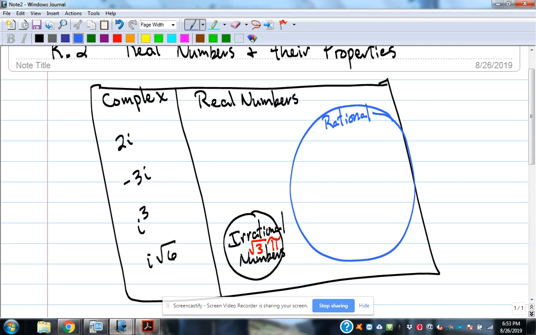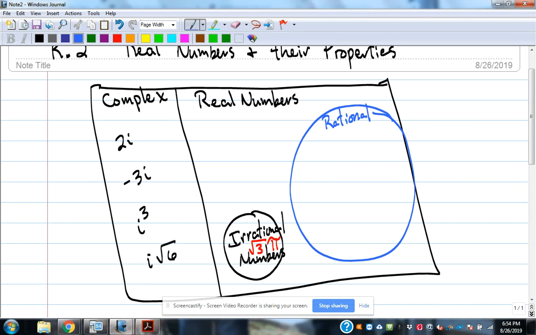Another would be 2/3, already a fraction. They're terminating decimals like 0.25, and repeating decimals like 0.3 repeating, which is the same thing as 1/3. That bucket is the largest bucket in the real number system.